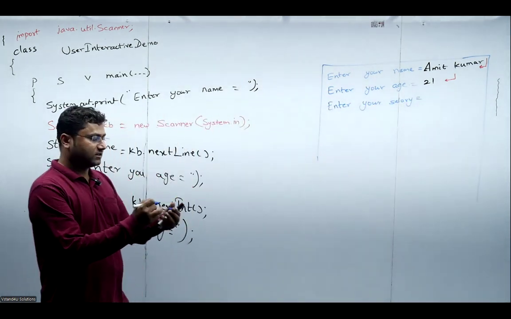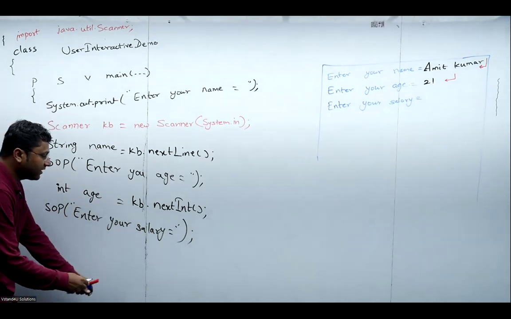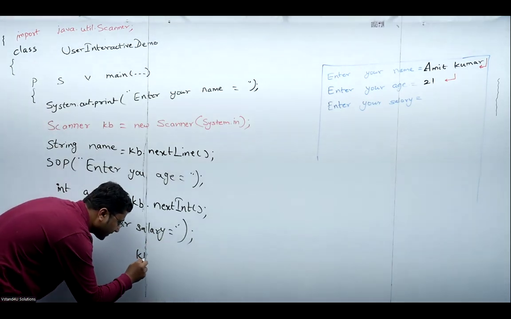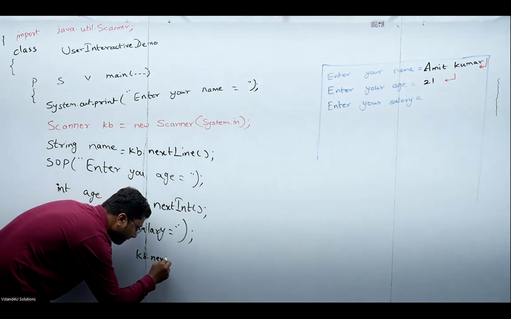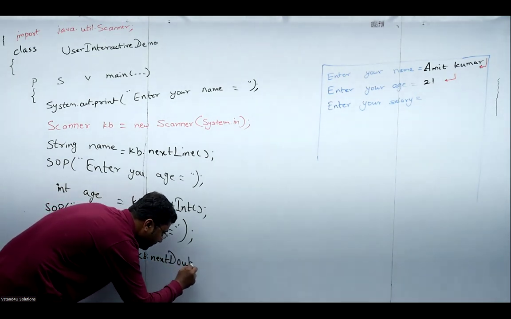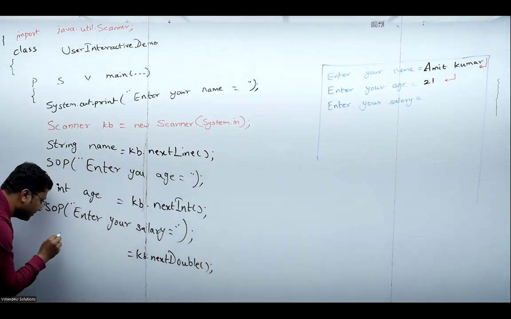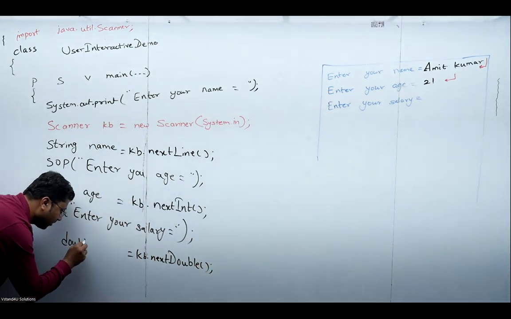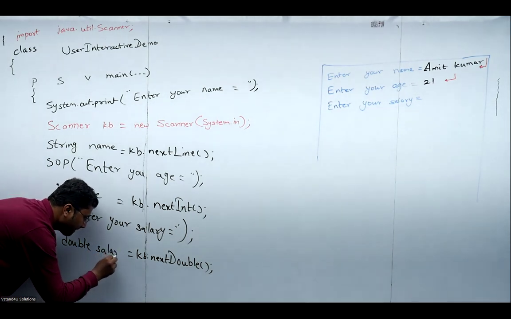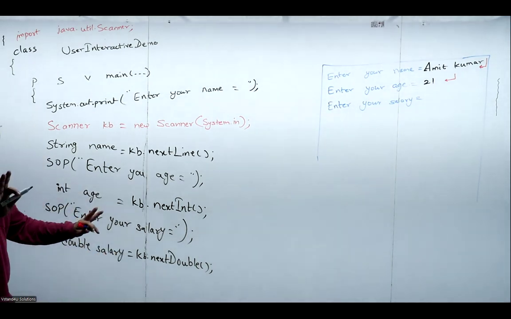Now the cursor is waiting. What do I do, sir? I need to read the salary. Salary is double type of data. KB dot next double, and this should be assigned to another variable of double type called salary. I hope till here you are comfortable.